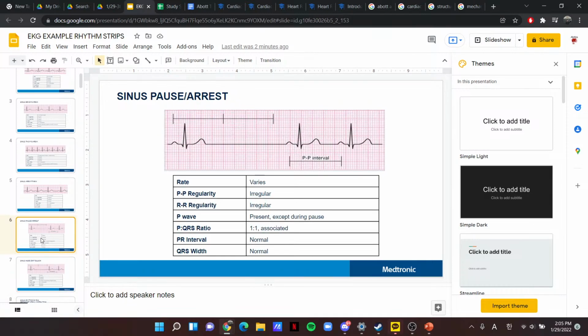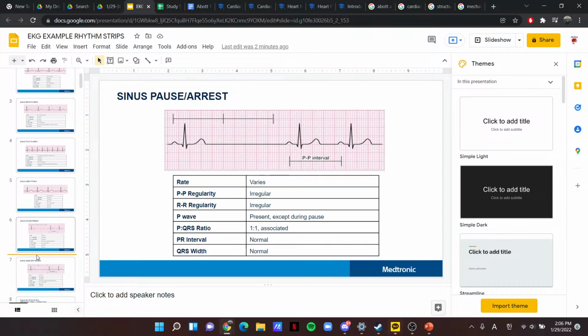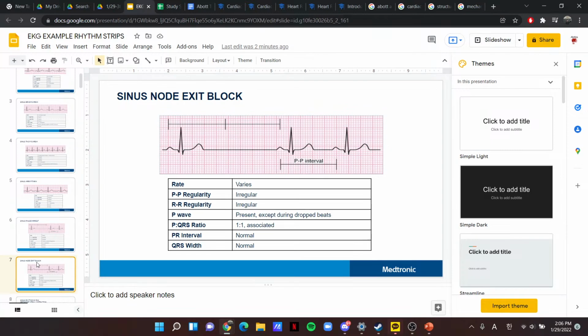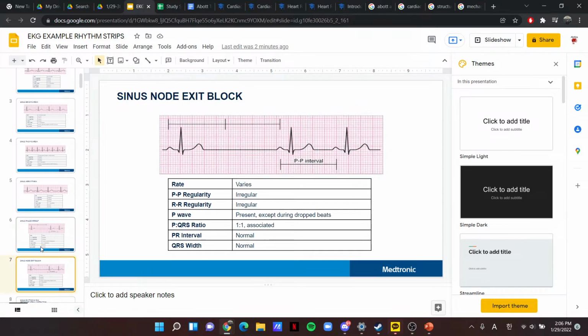What is the difference? Pause, except during dropping, P wave is present. That's hard.